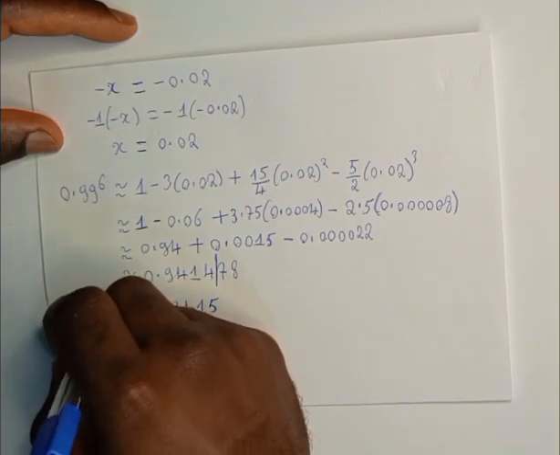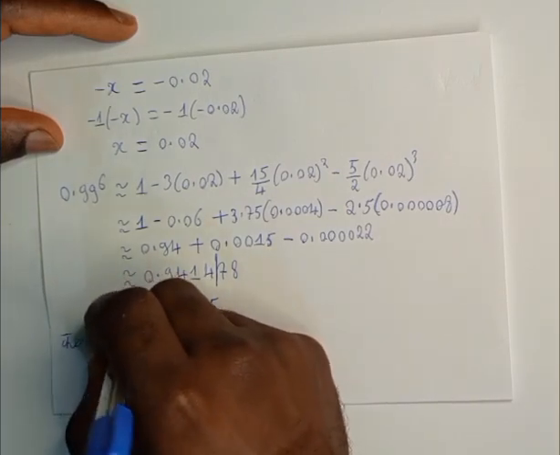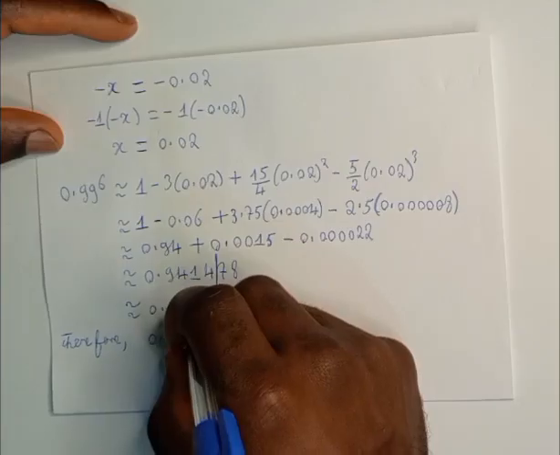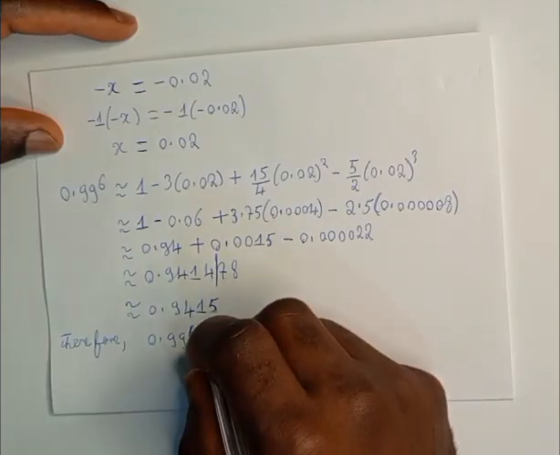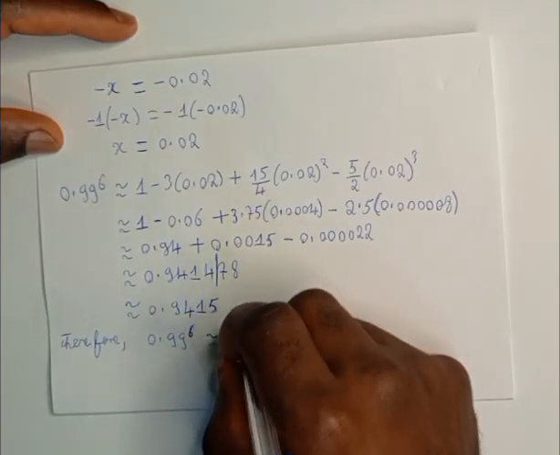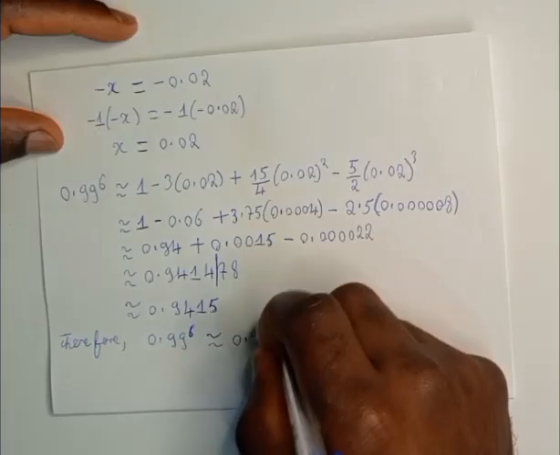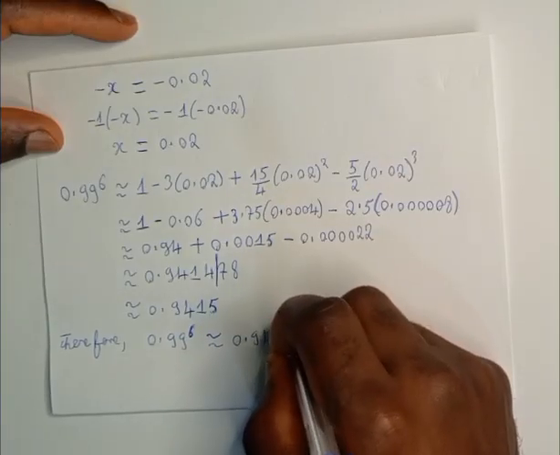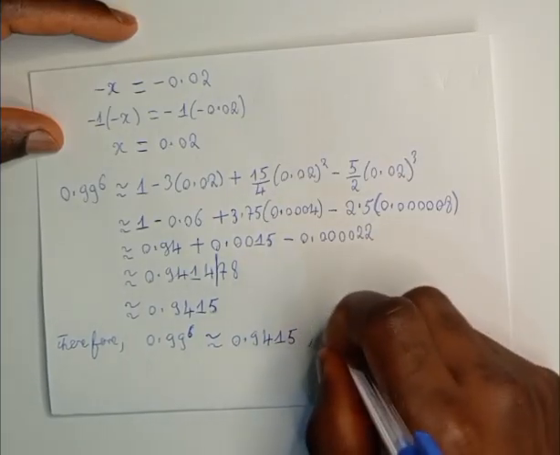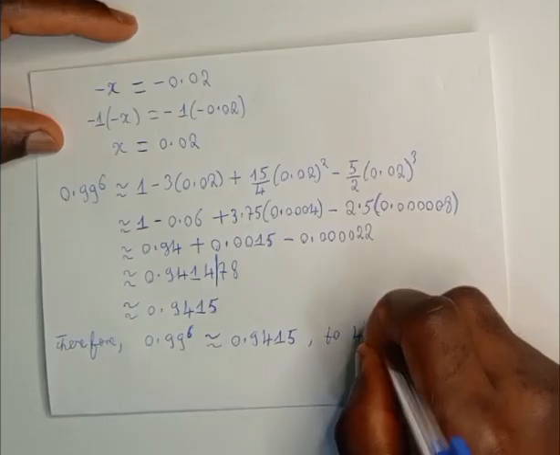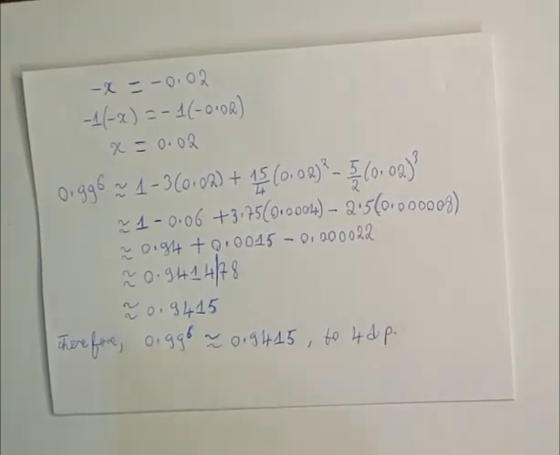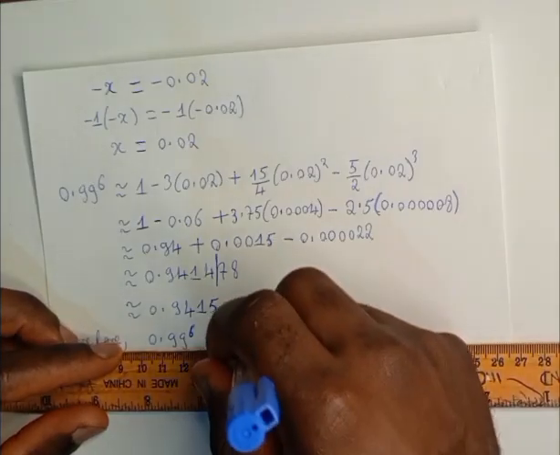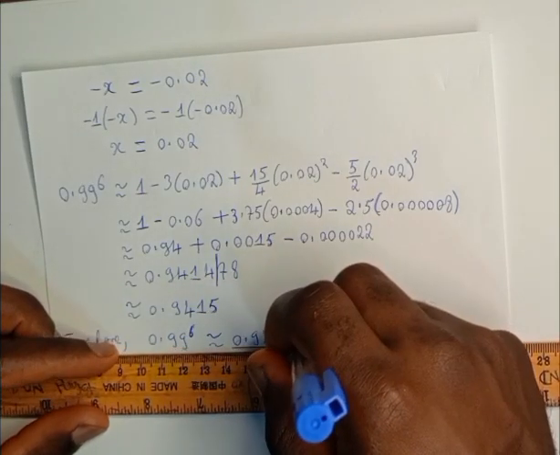Therefore, 0.99 raised to the power 6 is approximately 0.9415 to 4 decimal places.